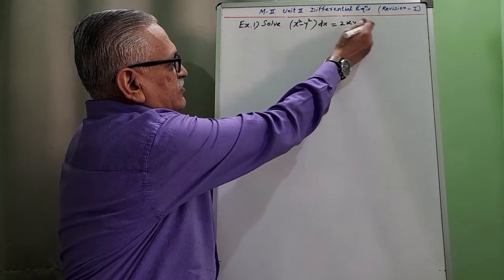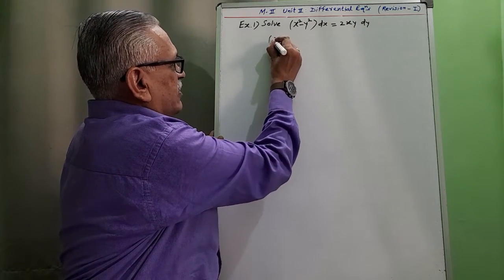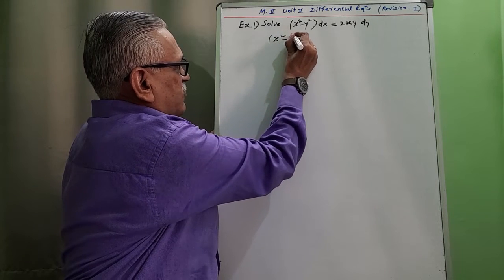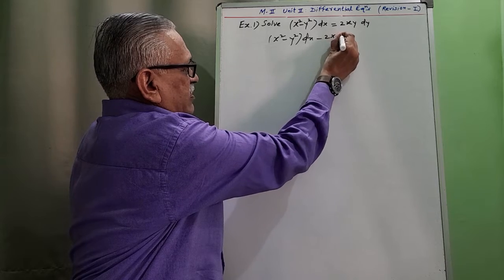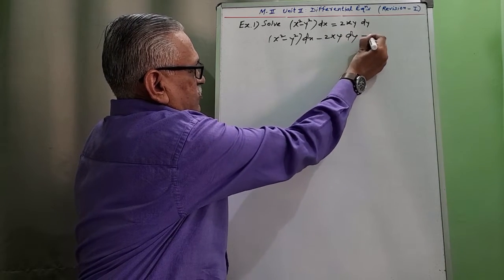By transferring this term to the left hand side, we get (x² − y²) dx − 2xy dy = 0.